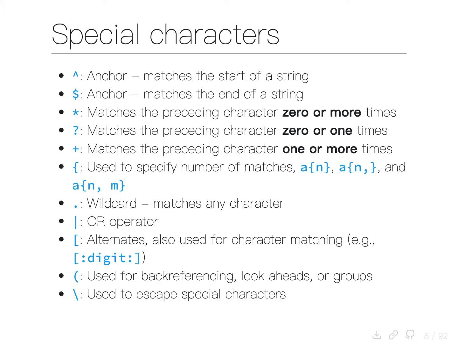You also have the $, which is another anchor, and that means ends with. One thing that's a little bit confusing about these is the caret goes before the next text, so it's like starts with this, and the $ goes after. So you'd say like bear$, right? So the $ goes at the end. It's saying here's the string, and then it ends there. That's what the string ends with.